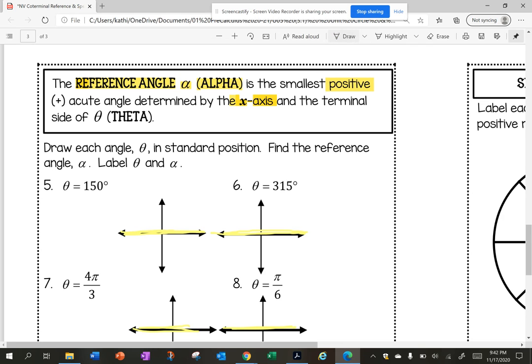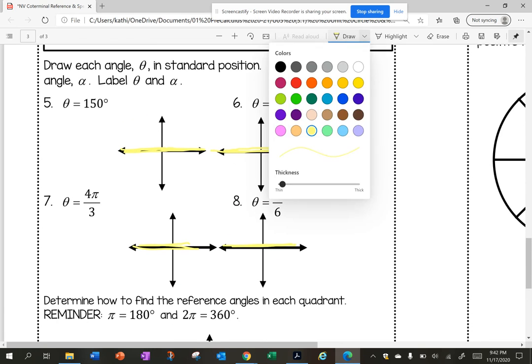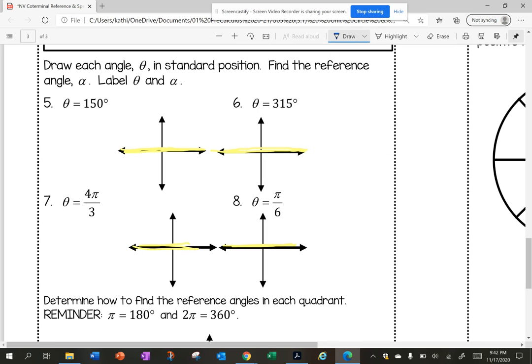All right, so I want to draw each angle in standard position, and then I want to find the reference angle. Yesterday's assignment, we practiced drawing the angles. Today we're building on that, and we're going to add the reference angle. I'm going to label each angle as theta, and the reference angle as alpha.